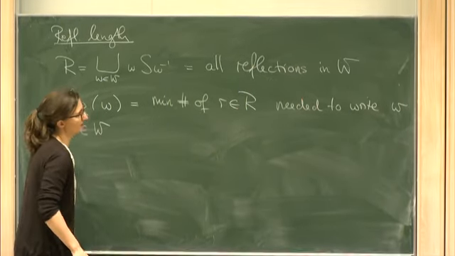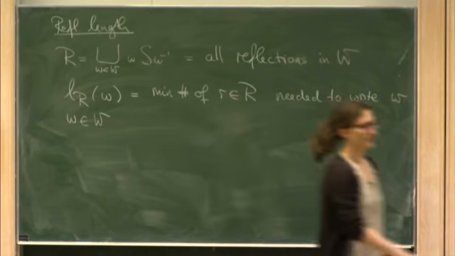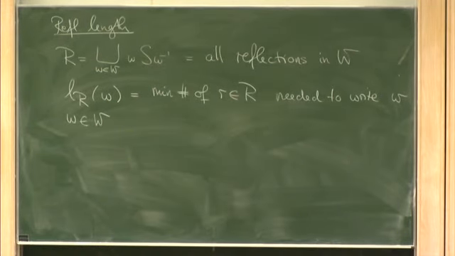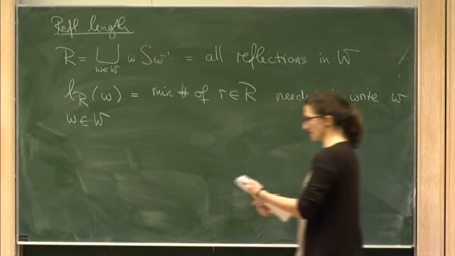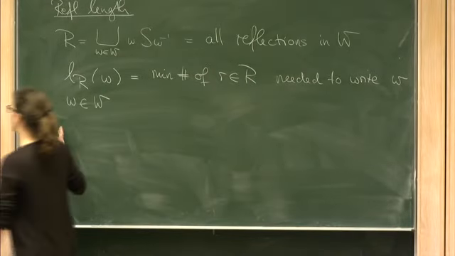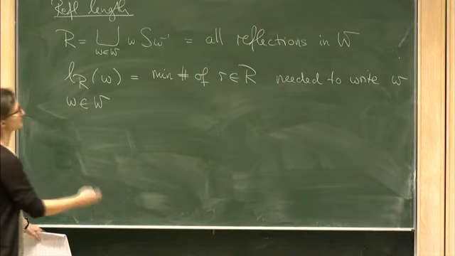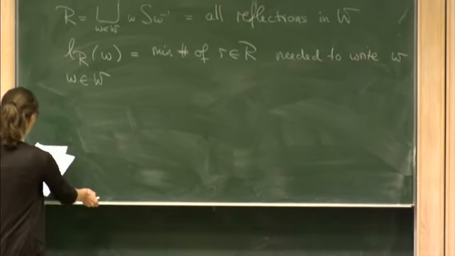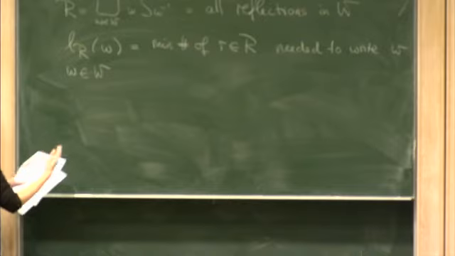And for spherical ones, it's known what reflection length is, in the sense that you can read it off of a minimal presentation. But for affine ones, only bounds are known.